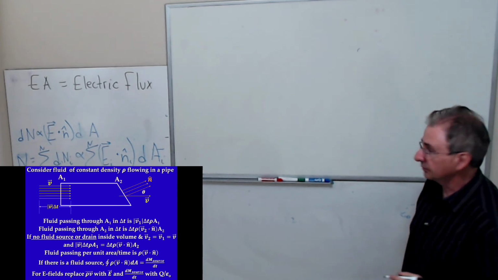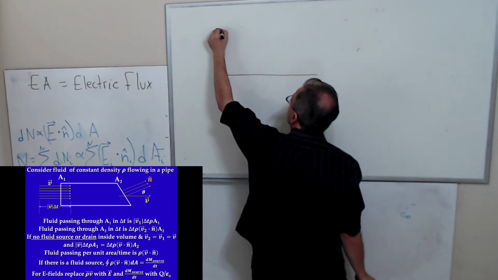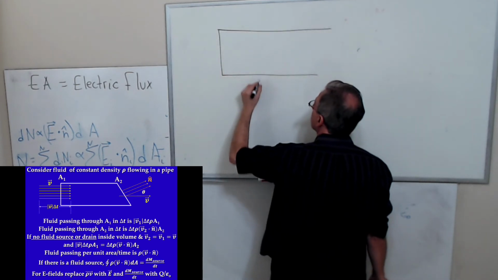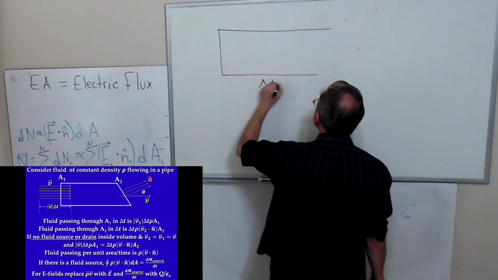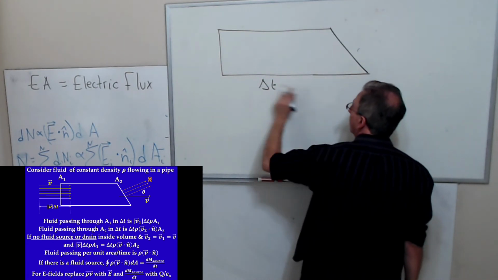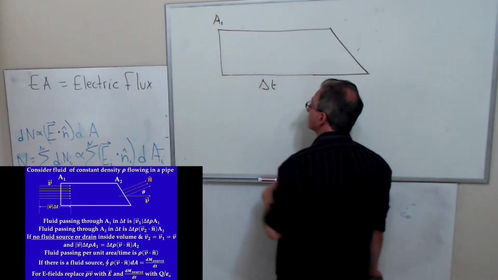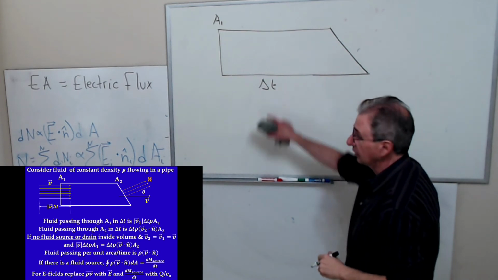So let's consider the left-hand side. Let's consider a time delta t has elapsed. Okay? And I'm going to consider how much fluid has passed this area A1 in a time delta t.